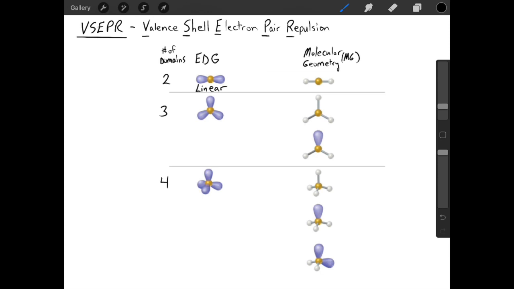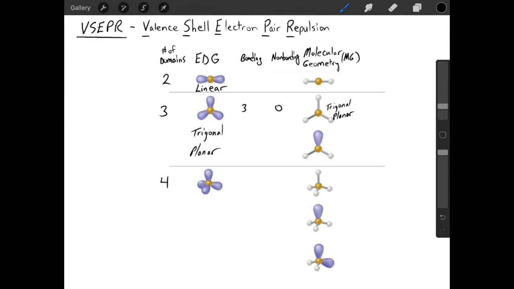When you move on to 3 domains, you end up with an electron domain geometry of trigonal planar. And now we've got a situation where you can have different molecular geometries depending on the number of lone pairs. If you have 3 bonding domains and 0 non-bonding domains, that is 3 bonds and 0 lone pairs, you end up with a trigonal planar shape.